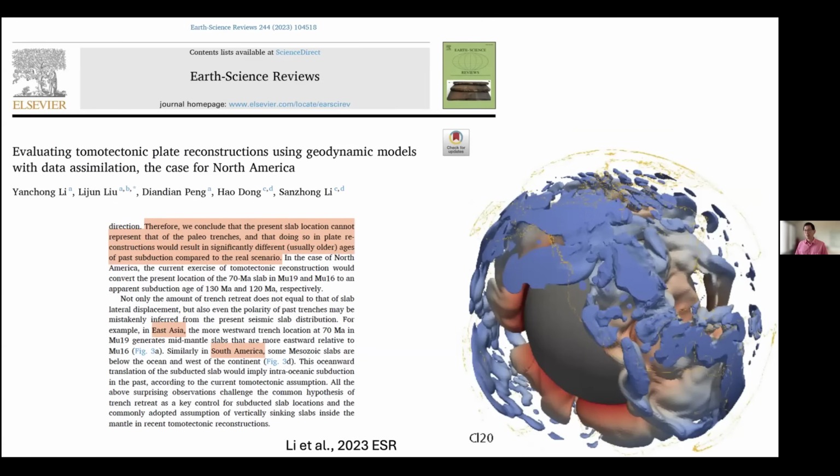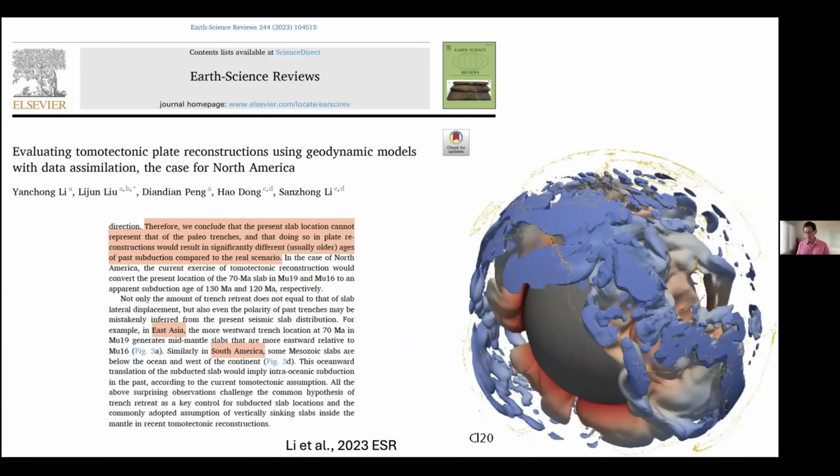And both of these models, Yue's work and this work from Li et al. 2023, are showing that there's an area around the Circum-Pacific that seems to show non-uniform slab sinking, and that has to do with plumes, return flow to plumes in the Central Pacific. But all of that said, even though it's not the prevailing hypothesis, it's worth considering that slabs could sink non-vertically.